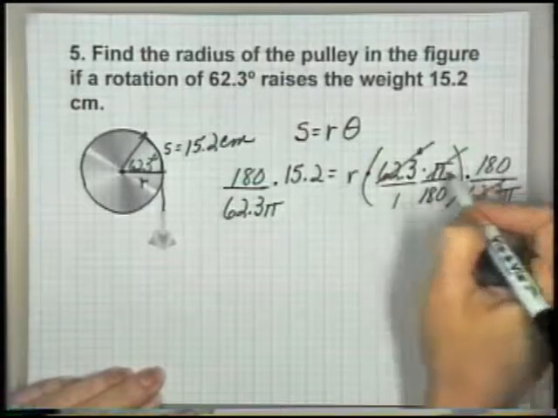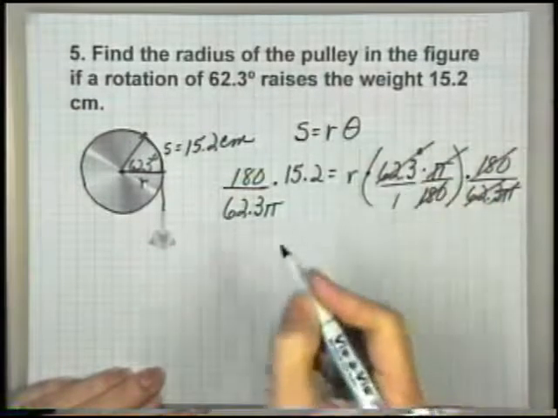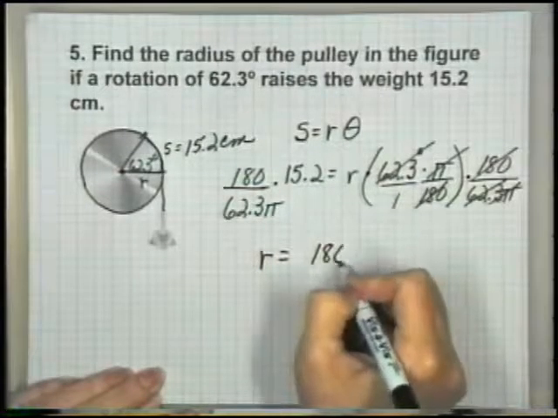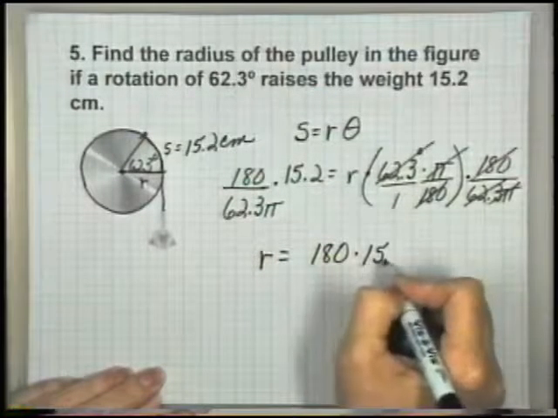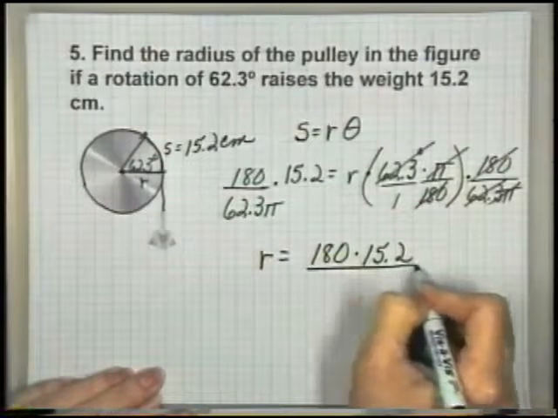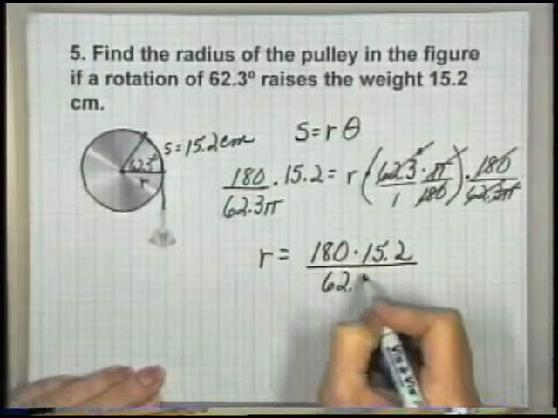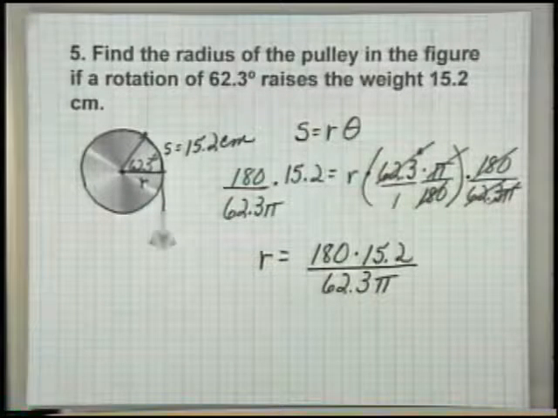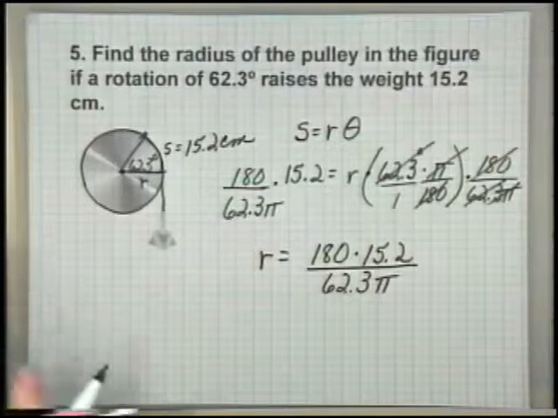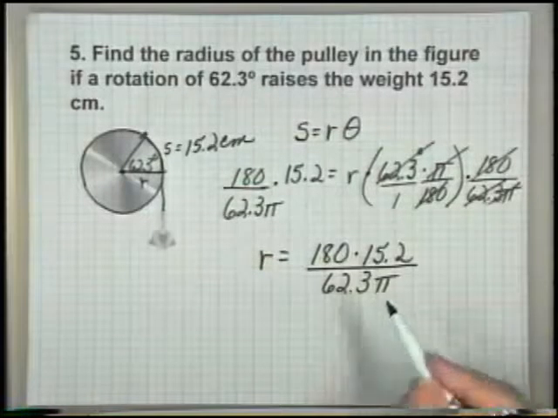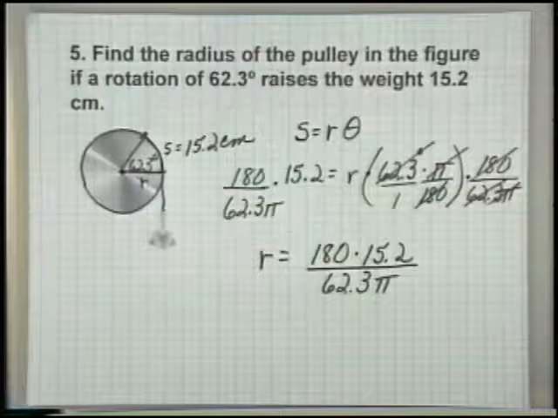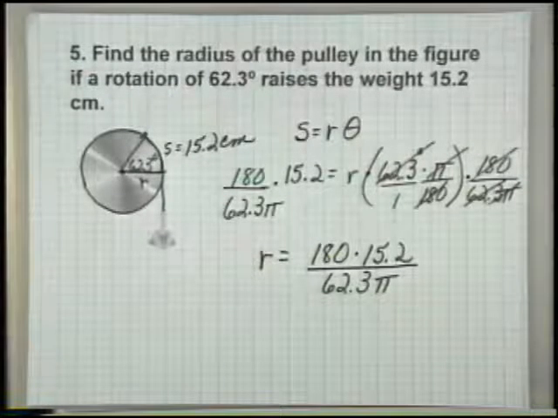So of course those divide to 1, those divide to 1, those divide to 1. So I can calculate my R by saying 180 times 15.2 divided by 62.3 pi. If you're entering this on your calculator, you might want to put parentheses around that denominator.